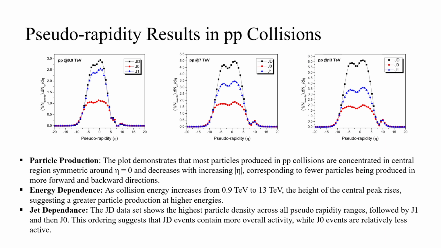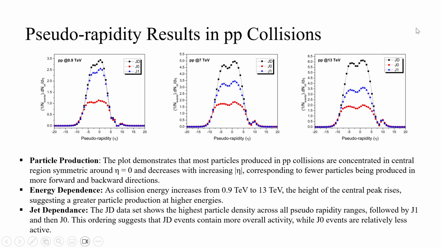Then the blue triangle shows the intermediate behavior, followed by J0 when the jet is set as off. The next thing is that this order remains: JD is the most dense particle production, then followed by blue, then red.